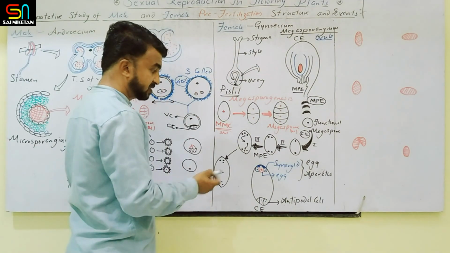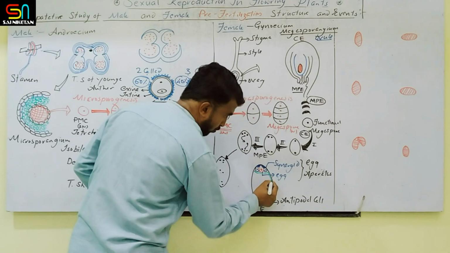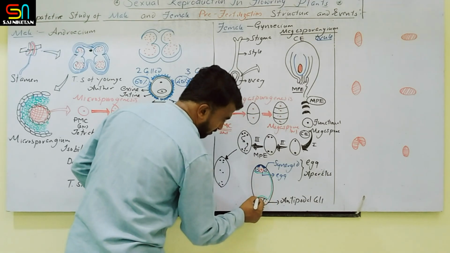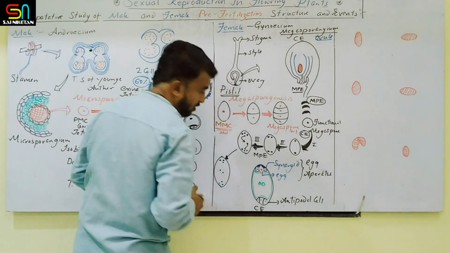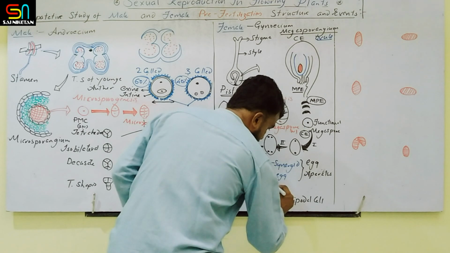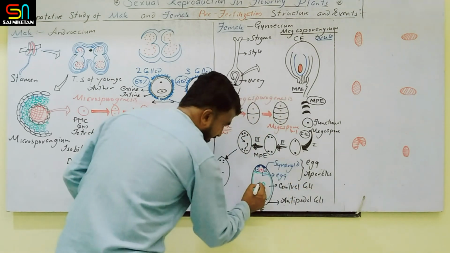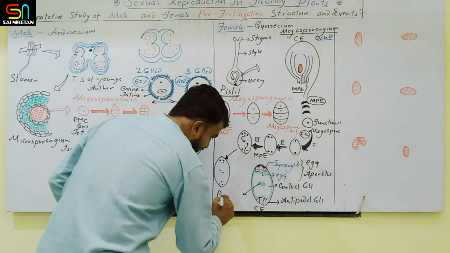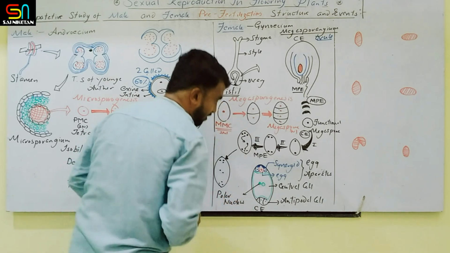Yes. In the center, one large cell is there. It has its own cell wall and plasma membrane and it contains 2 nuclei. So this center is the central cell, and these 2 nuclei are the polar nuclei.